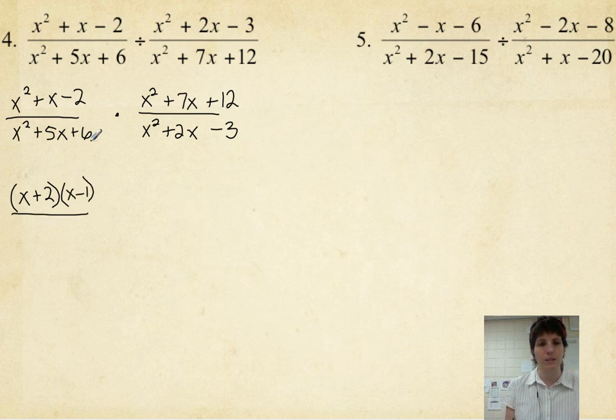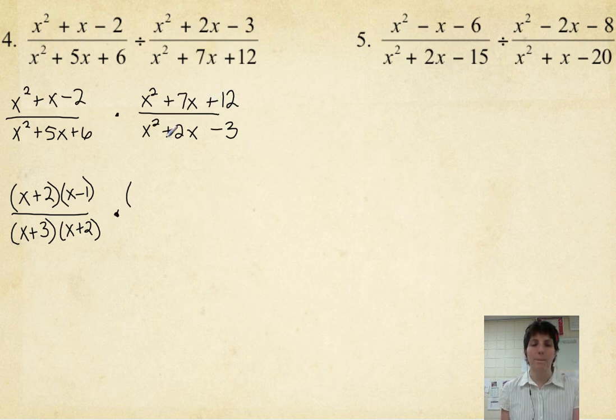over the pair of numbers that multiply to 6 but add to 5, x plus 3 times x plus 2, times, on the other side, pair of numbers that multiply to 12 but add to 7, not 6 and 2, 3 and 4. x plus 3 times x plus 4, denominator.